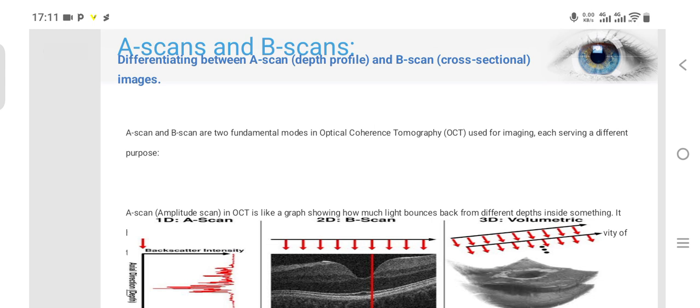Then we have what we call A scan and B scan. A scan is the depth profile, while the B scan is cross-sectional images. A scan and B scan are two functional modes in OCT used for imaging, and each serves a different purpose. An A scan in OCT is like a graph showing how much light bounces back from different depths inside something.